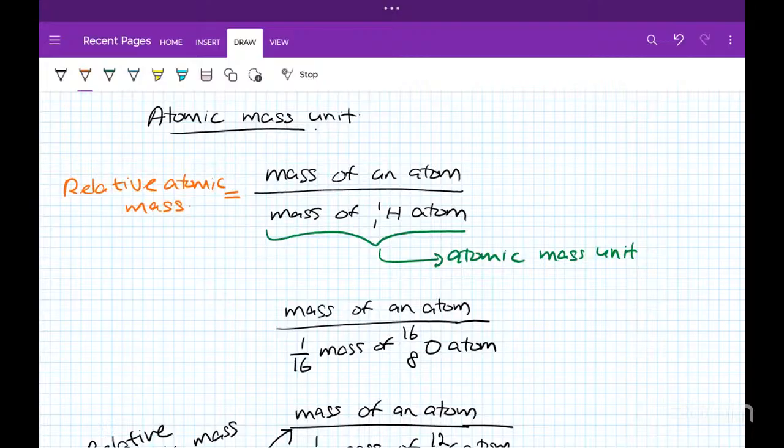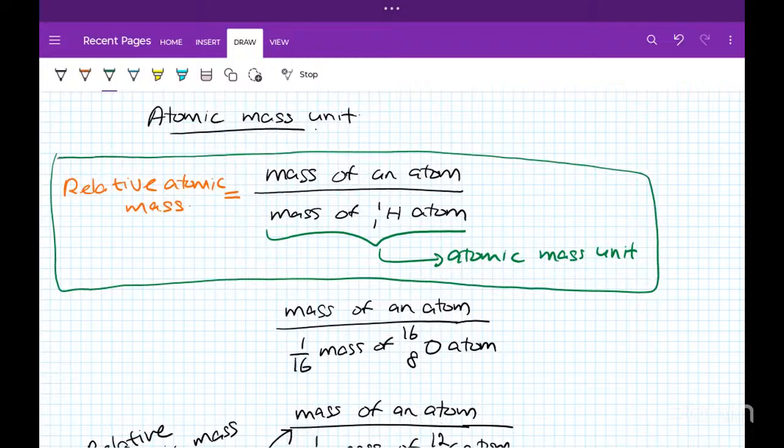You write down this one. Mention the mass of the H11 atom as the atomic mass unit. We are not doing any calculations for this one, but you need to know how people have defined the atomic mass unit. Okay.